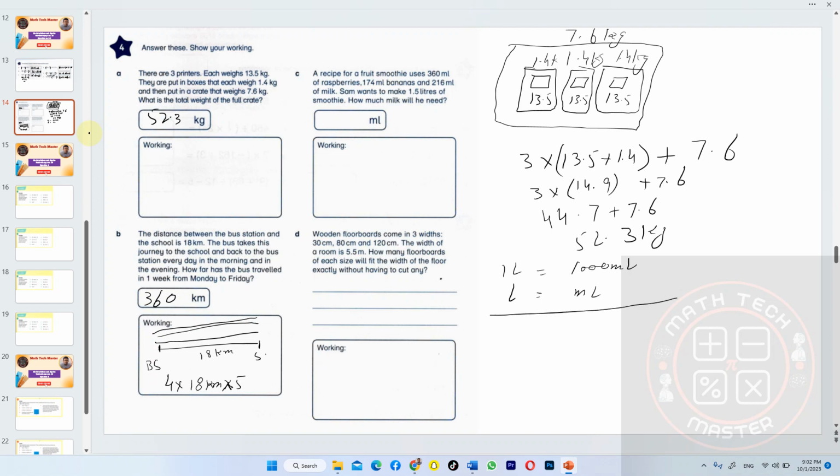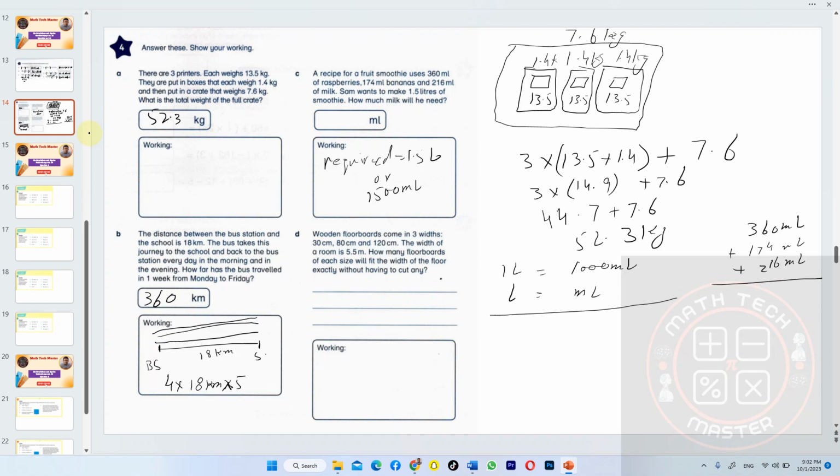First of all, let's focus on the requirement. So how much is required? 1.5 liters, or we can say 1500 ml. He already has 360 ml plus 174 ml plus 216 ml.